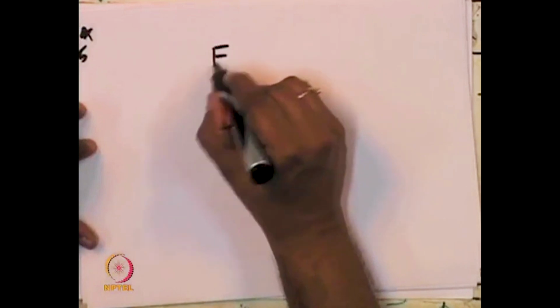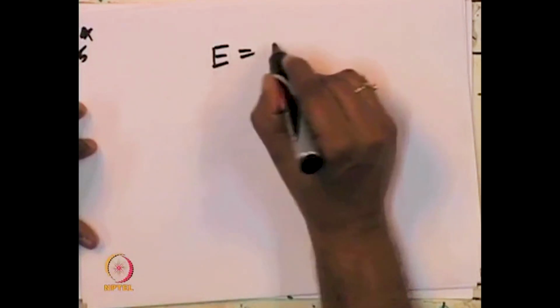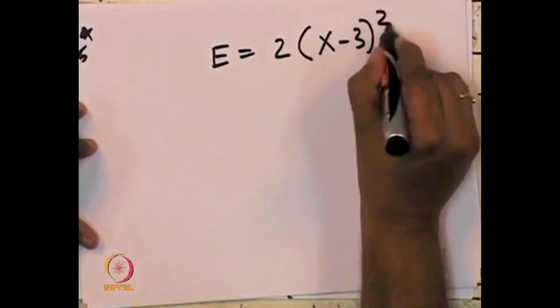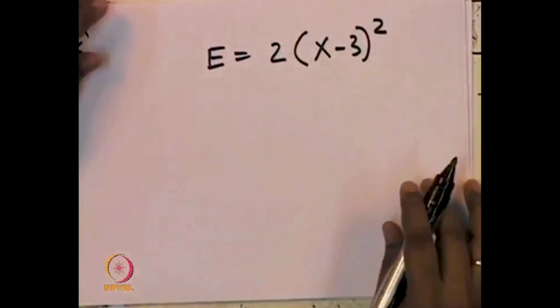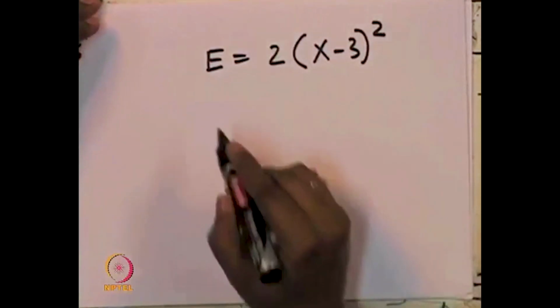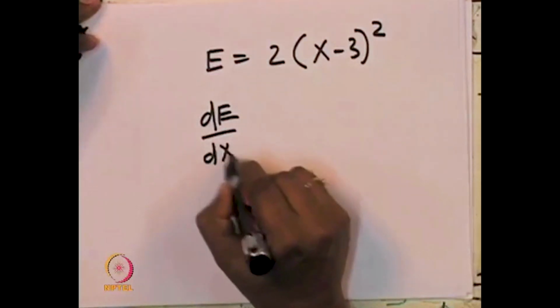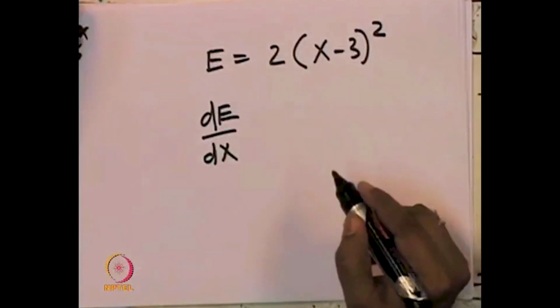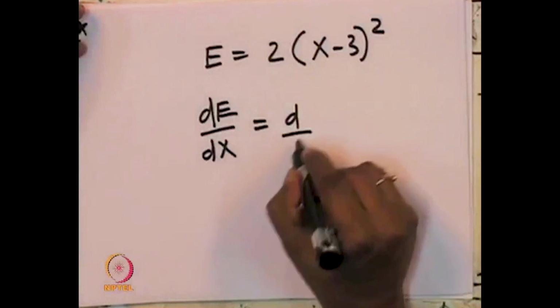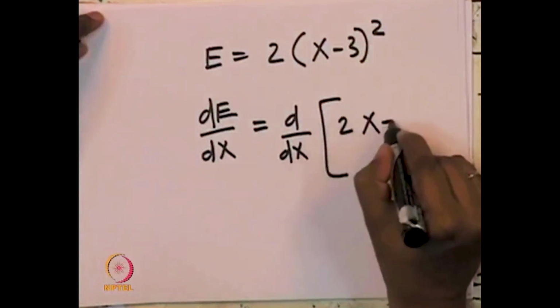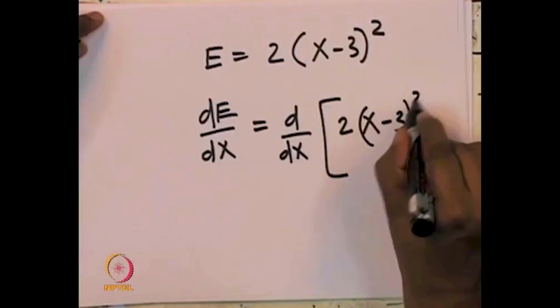The energy is 2 into x minus 3 whole square. The derivative at that particular point is dE by dx, which is d by dx of this quantity, 2 into x minus 3 whole square.